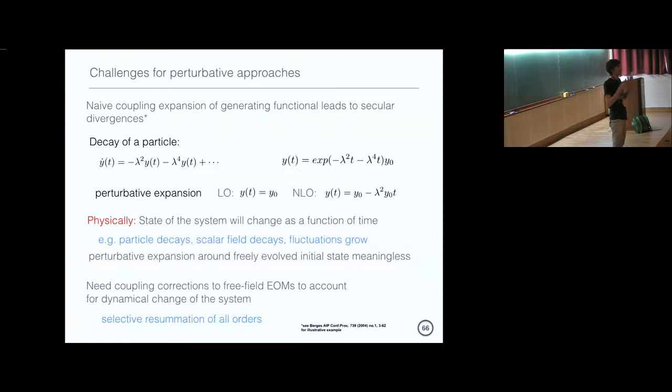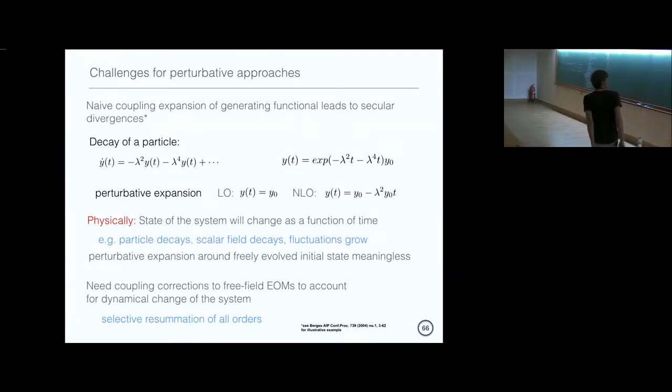In perturbation theory, we always start from free fields. We don't need to know the first perturbative effect around free field evolution on certain observables. What we actually need is to account for the coupling corrections to the equations of motion. So very much like this example here.